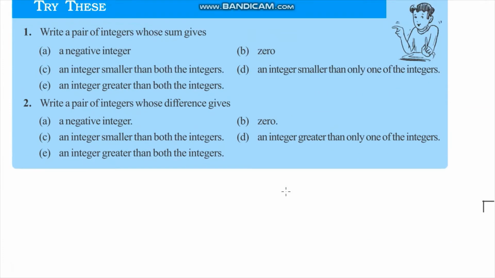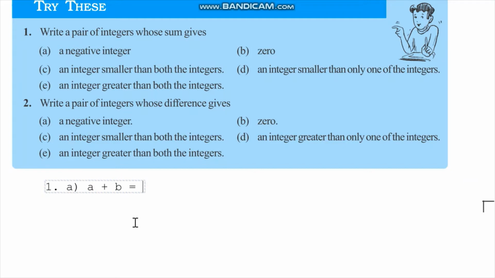Next, write a pair of integers whose sum gives a negative integer. So you want a negative integer as the result. I'll just solve them one by one here so you can see it better. So 1.a, you want two integers whose sum gives you a negative integer.